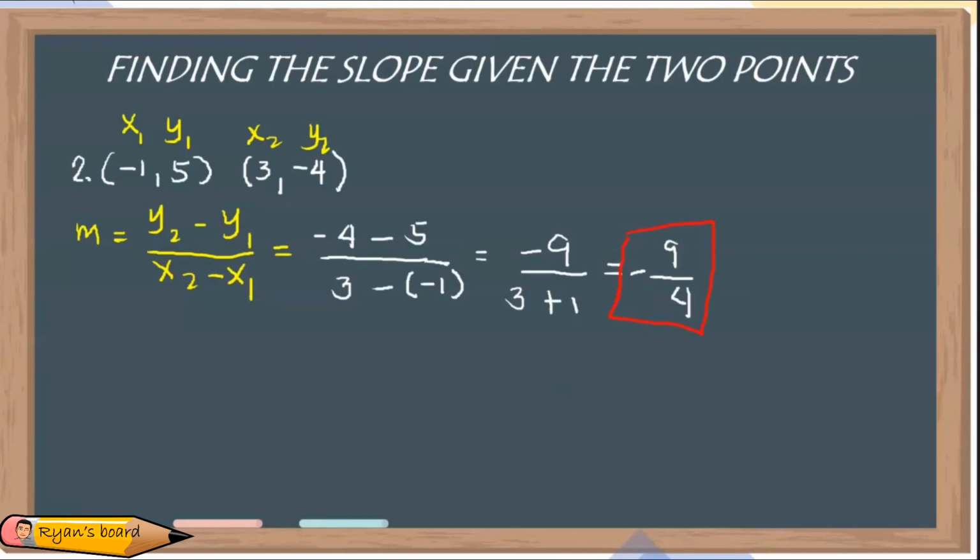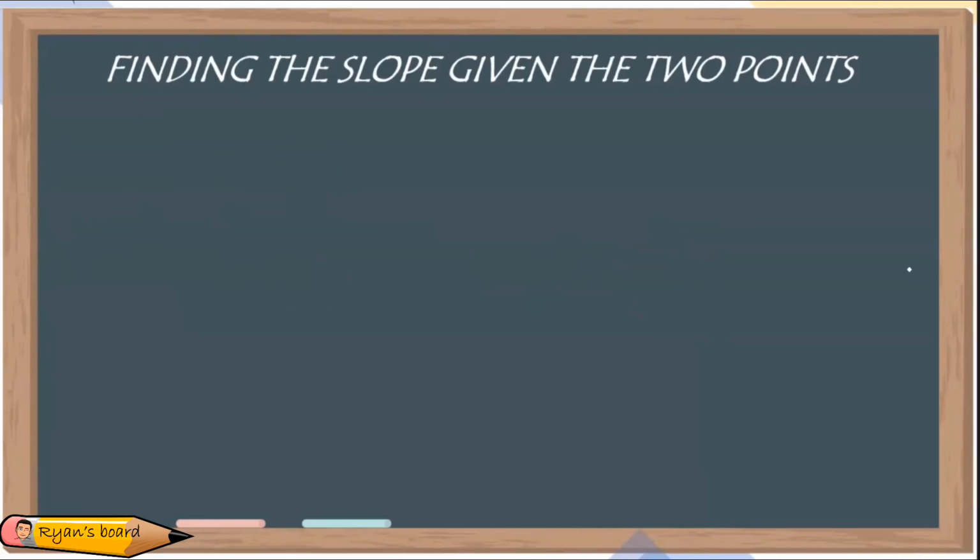Okay? Now, let's have another one. Let's have number 3. Let's say (-6, 0) and (-4, -5). So, what is the slope of the line that passes through the points (-6, 0) and (-4, -5)?